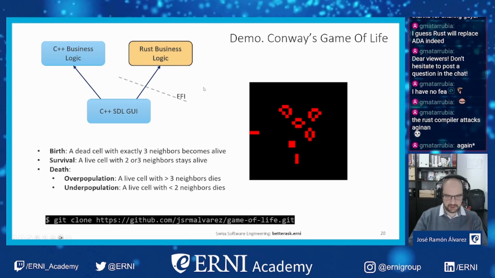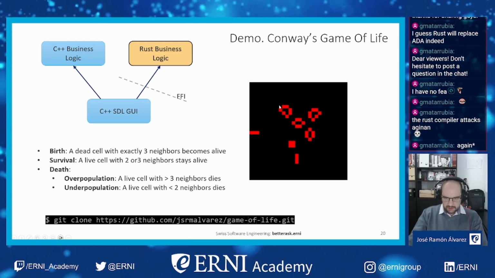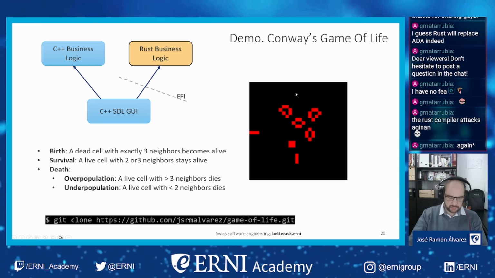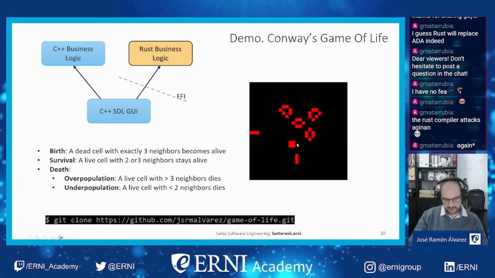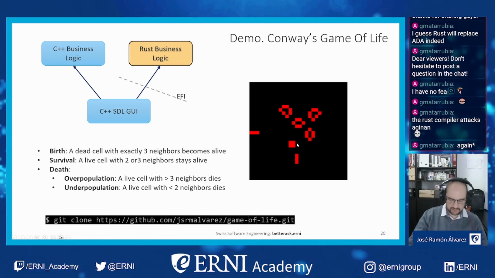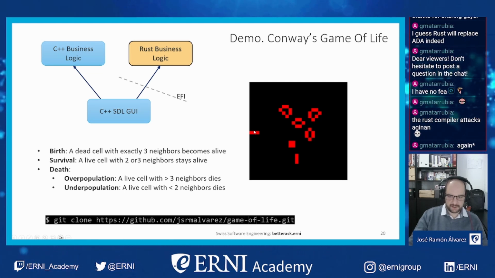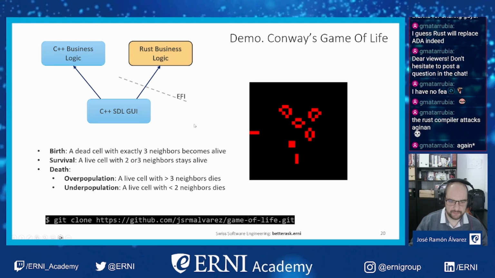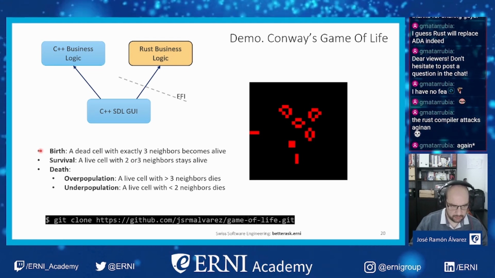simulation devised by the British mathematician John Conway, and it consists of a board full of squares, and the square can have two states. If the square is red, the cell is alive, and if it's black, the cell is unpopulated or dead. And every cell has neighbors around it, and those are the rules.